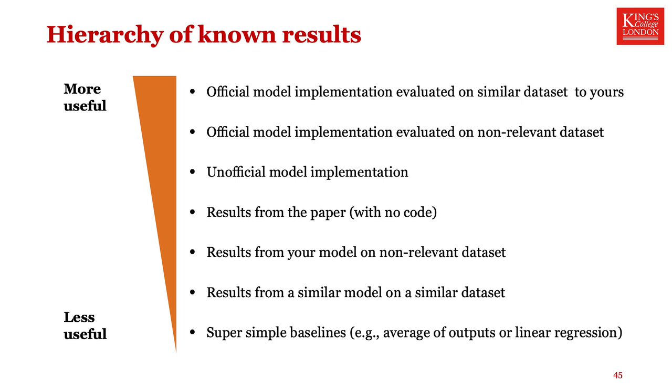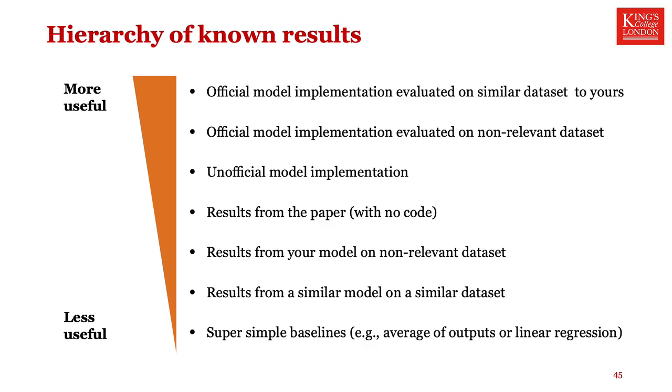If the model is an official implementation but the dataset is different, it is still important because the model is still implemented by the original authors, and many of these datasets have similar inductive biases, so you could expect something that works on dataset A to also work relatively well on dataset B, unless the model is too specific to the dataset.